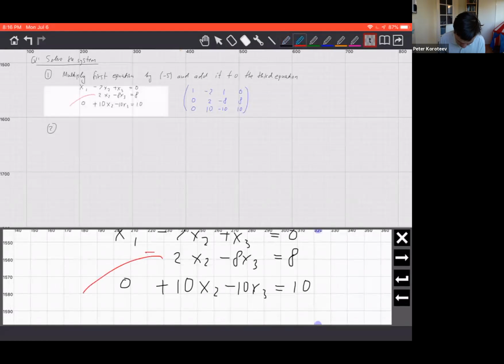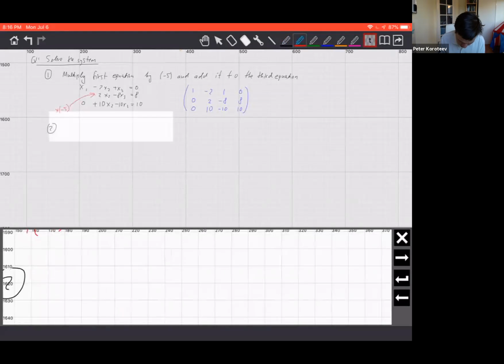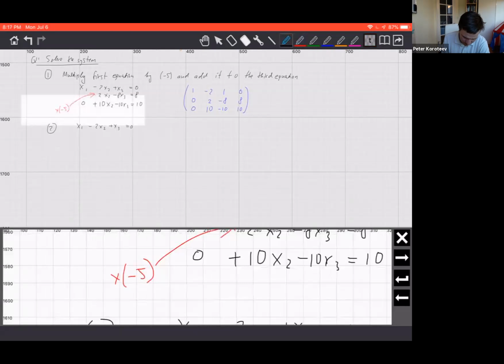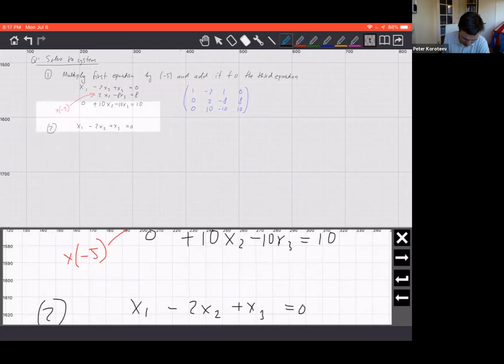So multiplied by -5, right? So then we'll get what? We get x1. So the first equation we just copy, nothing happens to it. x1 minus 2x2 plus x3 equals 0. And then we can still keep the second equation as it is, and then with the third equation, we'll add it to the, so maybe I should write it here.